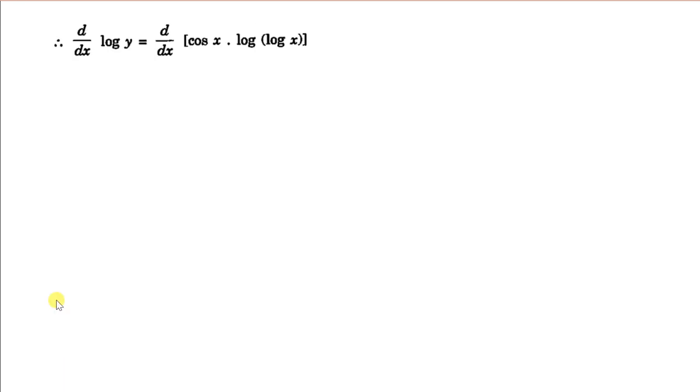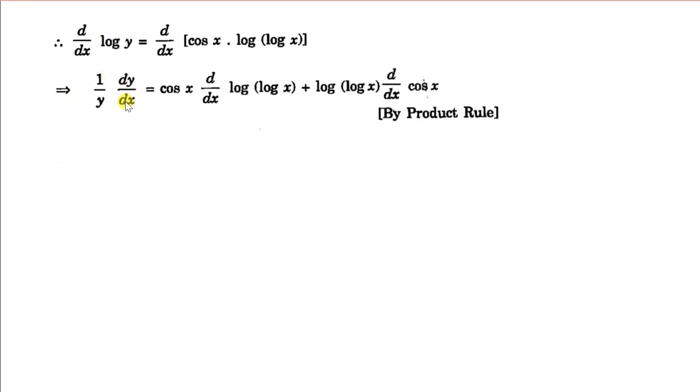We get 1 upon y dy by dx equal, on the right hand side we will use product rule. So first function cos x as it is multiplied by differentiation of second, plus second function as it is multiplied by differentiation of the first one, and the differentiation of log x becomes 1 upon log x, then multiplied with the derivative of this x.